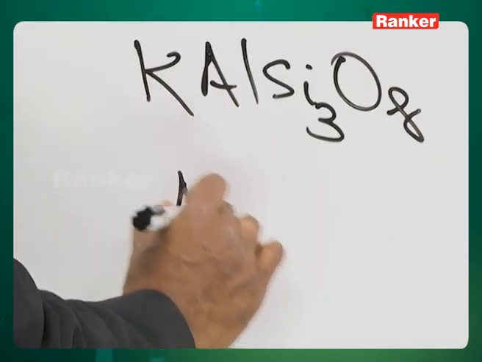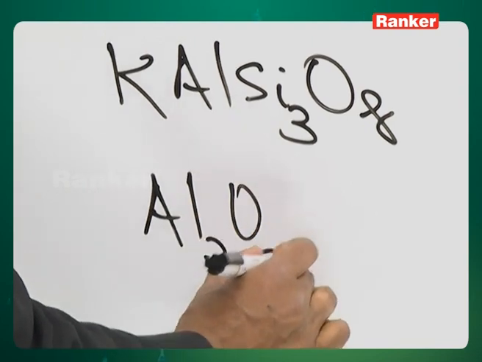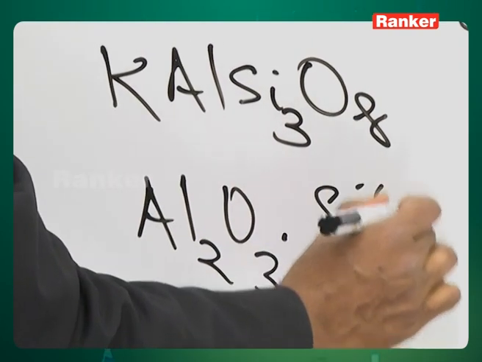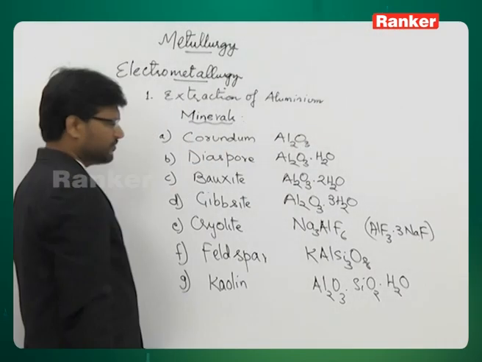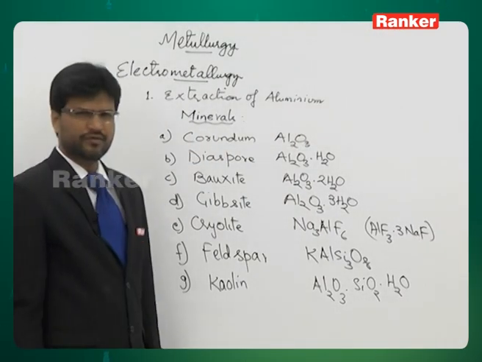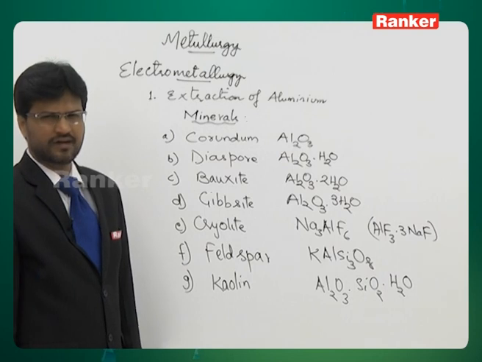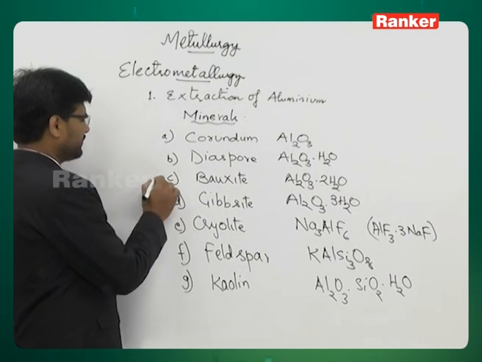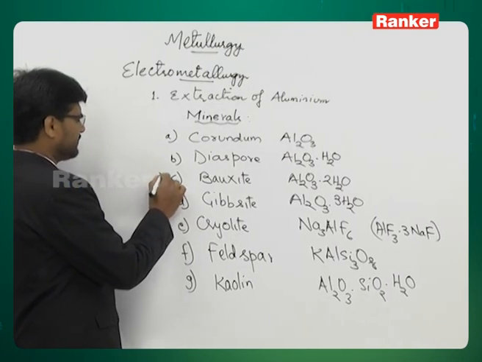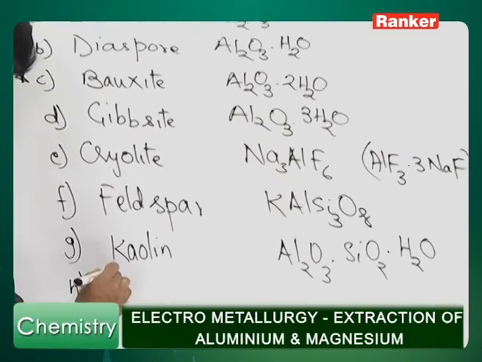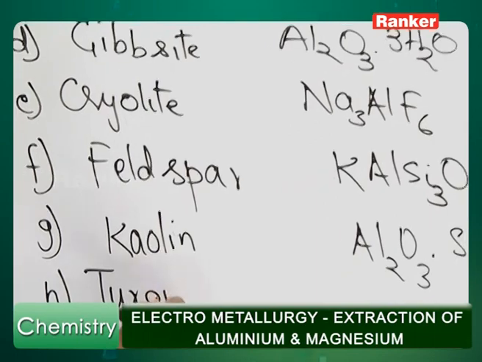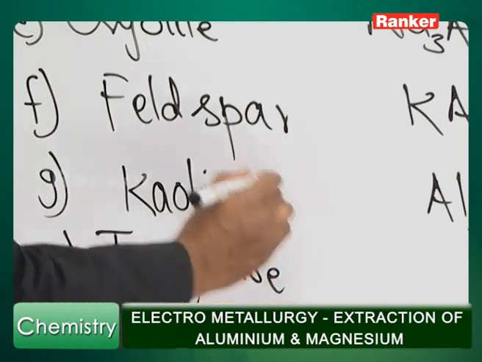Kaolin, Al2O3 dot 2SiO2 dot 2H2O. These are a few important minerals of aluminum, and the most important mineral is bauxite. I would like to add one more. Turquoise.